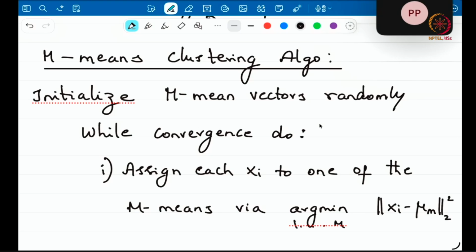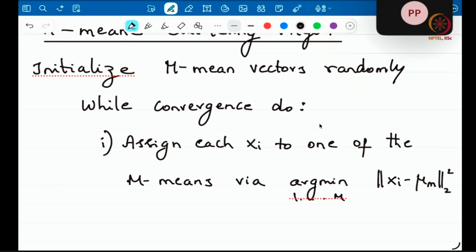Yeah. So, what you have to do is assign each of the data points xi by minimizing the distance between that data point and all the means that we have. So, while convergence we will have to assign each xi to one of the M means by solving this optimization problem. Now, what are we doing? There are M mean vectors.